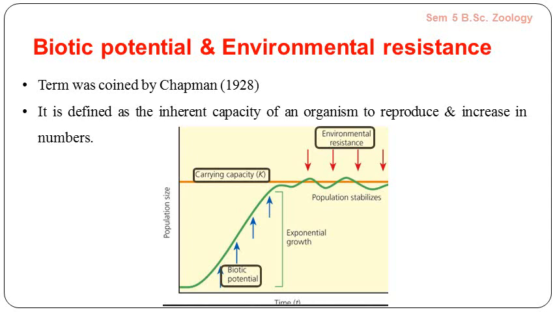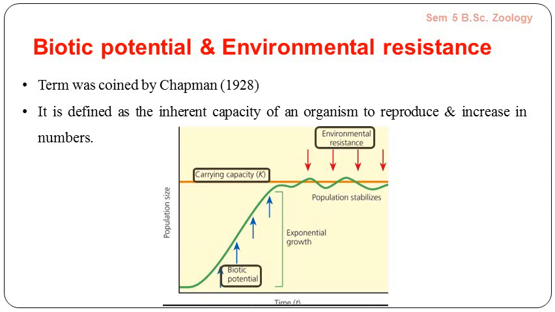So biotic potential is highly ideal, and in natural conditions it never happens. In normal, natural conditions, it is environmental resistance that brings about a check to biotic potential. Environmental resistance is often low when a population is introduced into a completely new area for the first time.